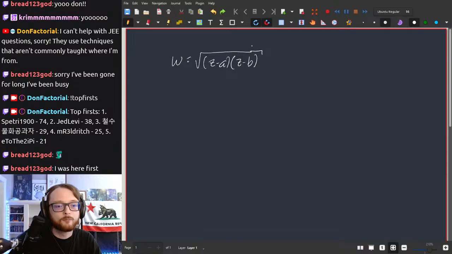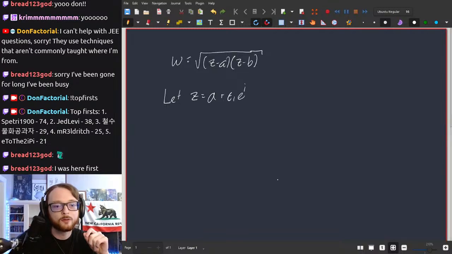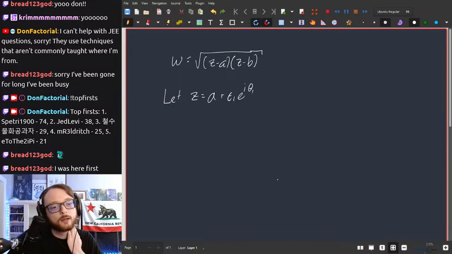And so the book begins by taking, just to show that a is a branch point, z equal to a plus just a little bit. So some very small radius epsilon 1 times some angle e to the i theta 1. And so let's see how w changes, or how w looks with this.